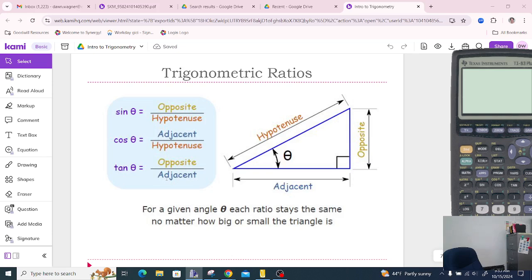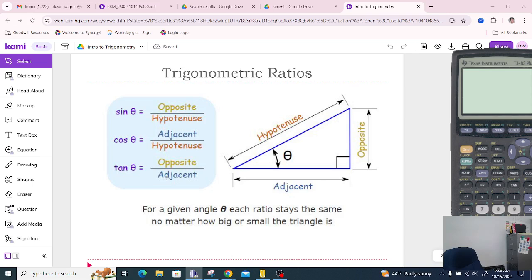Because if I go to the other angle, it's going to be different. So if I put my finger on theta, the reason this one's called opposite is it's opposite of this angle. Do you agree with that? Hypotenuse always stays the same. Hypotenuse is across from the 90 and is always your longest side.